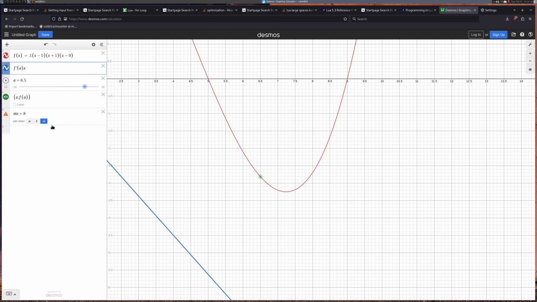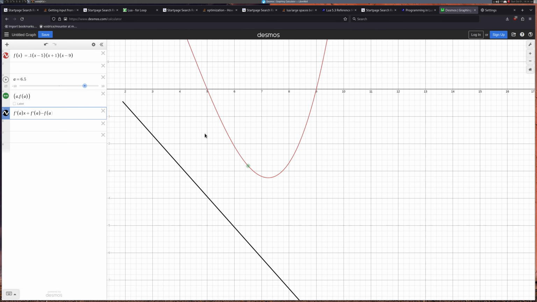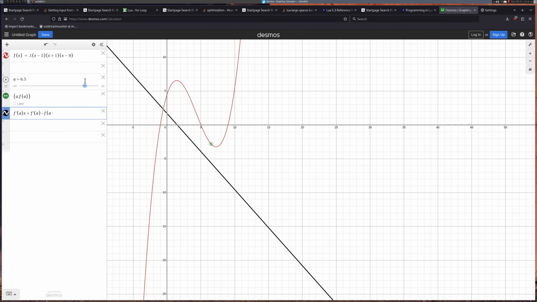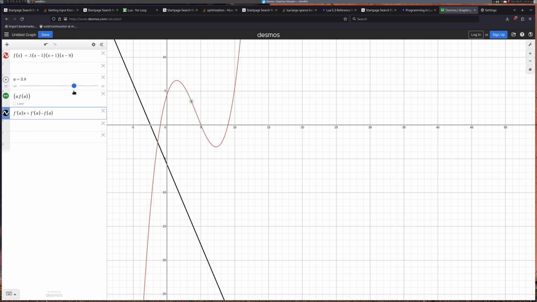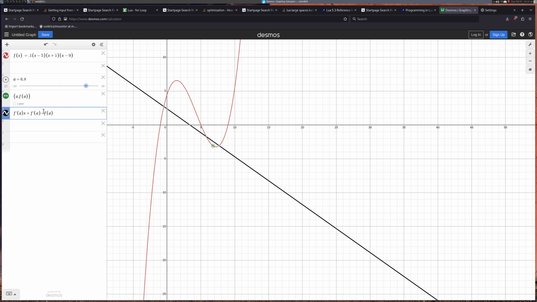So let's move this over here. That would equal f of a. So if we want to get b, it'll be f prime minus f of a. I think. No. Was it the other way around?